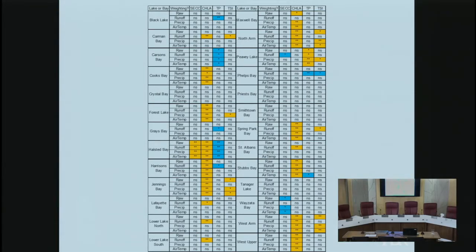But what was interesting is there are a number of bays where chlorophyll was getting worse, with increased values. Some of those, it's kind of related to the fact that some of these bays are really clean, so to speak, with really low algae in the first place.